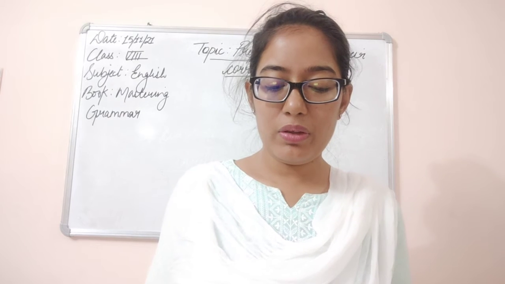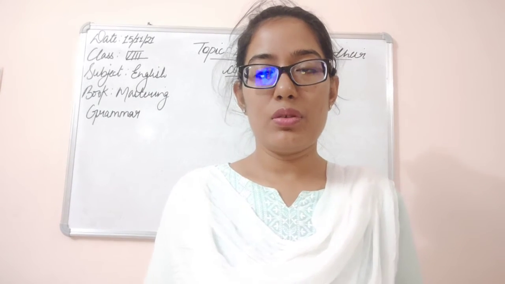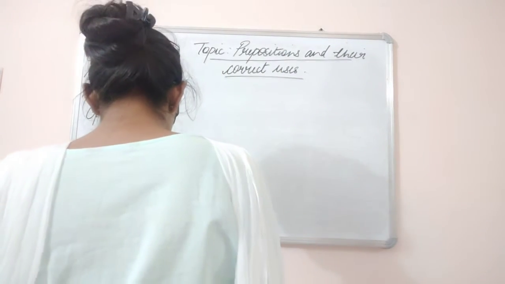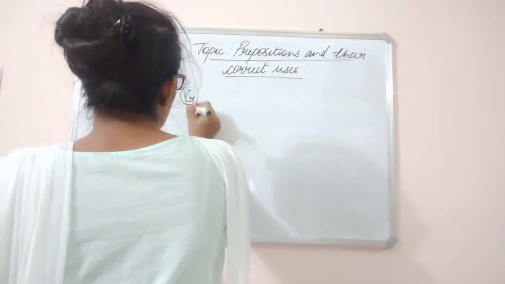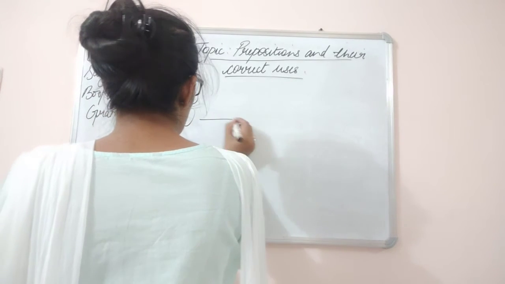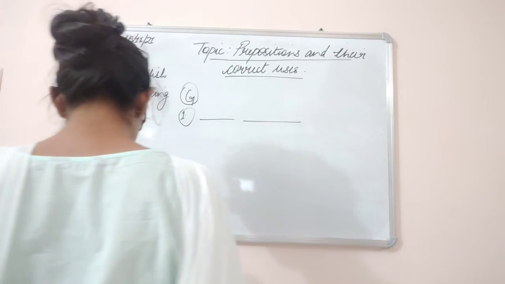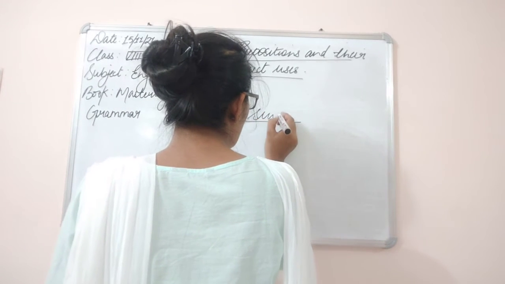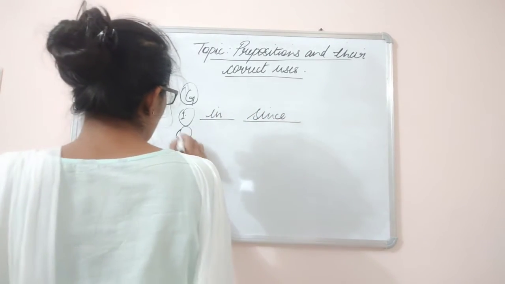The concert started dash the morning and has been going on dash then. So the answer would be: the concert started in the morning and has been going on since then.